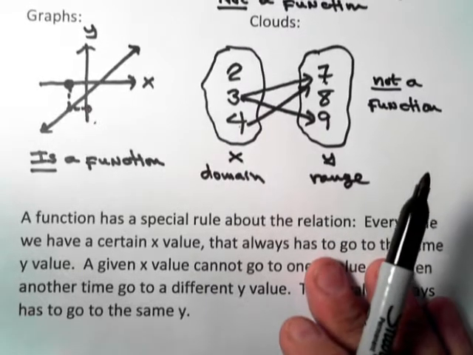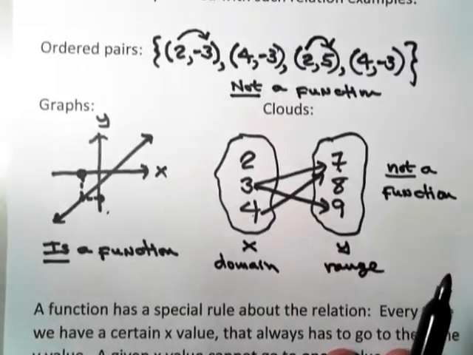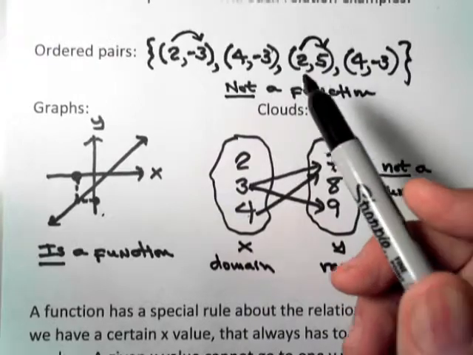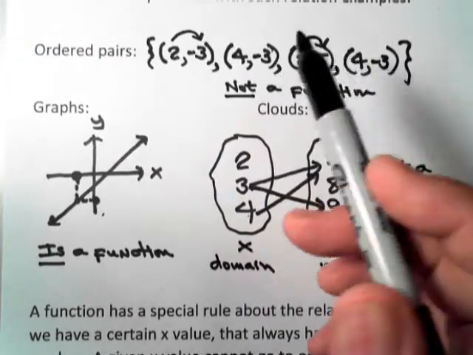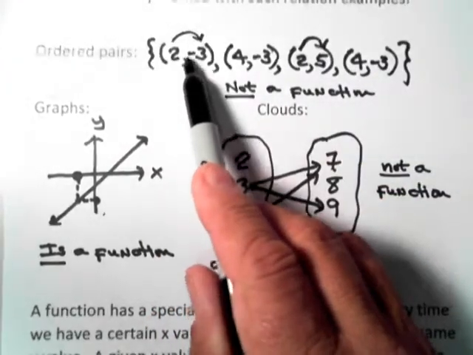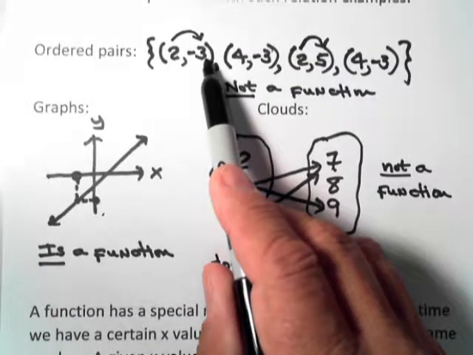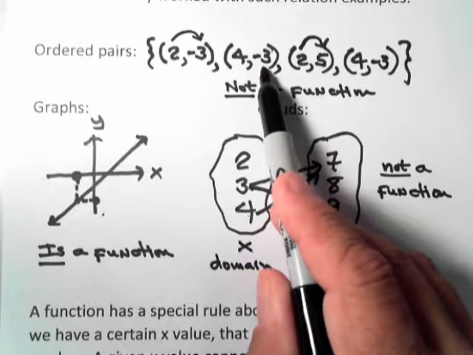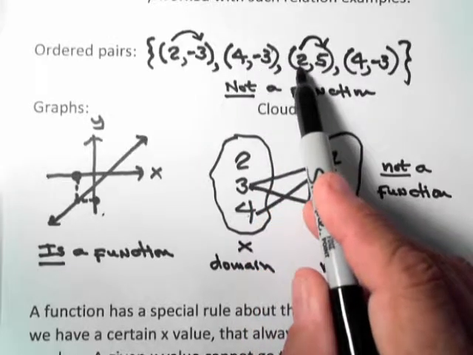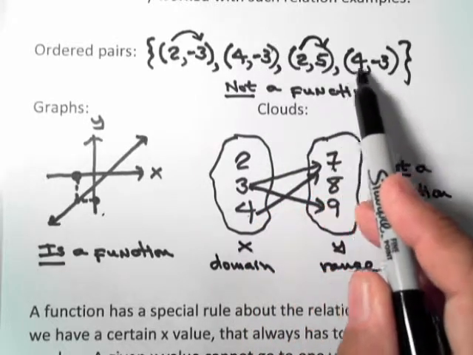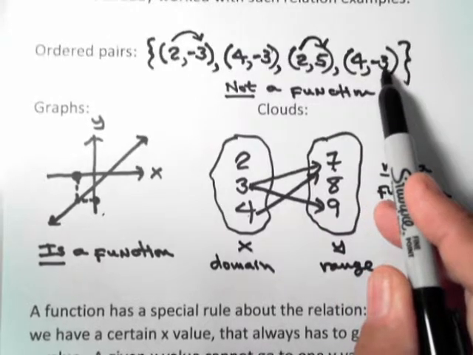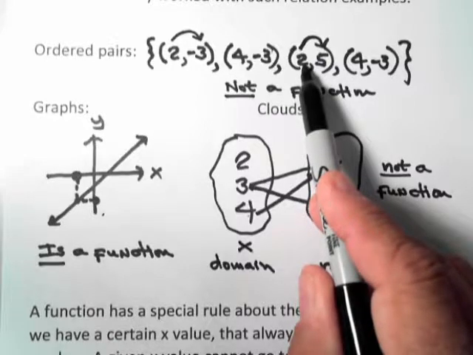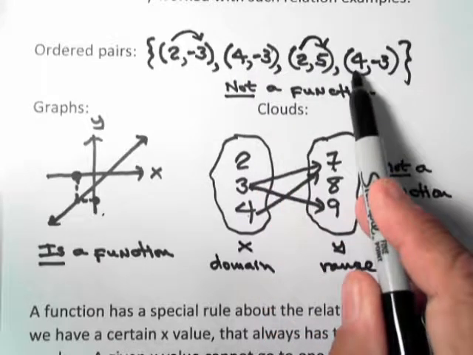So let's take a look now at these examples we had up here and see who makes it and who doesn't. Now, back to the ordered pairs up here. We have x equals 2 going to y equals negative 3. We have x equals 4 going to y equals negative 3. We got x equals 2 going to 5 and x equals 4 going to negative 3. Well, the x 2's show up in more than one place and the x 4's do.